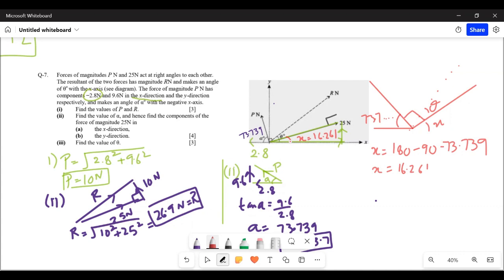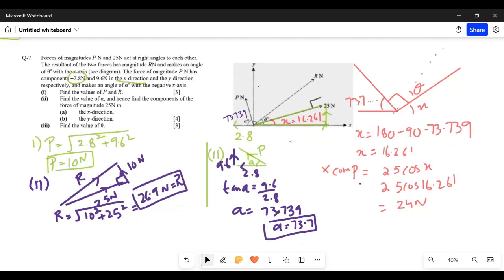Now I'm going to use the vertical component and the horizontal component. The horizontal component is going to be, since that's the base, 25 cos x, which is 25 cos 16.261, which gives 24 Newtons. Now we need the y component of the 25 Newton force.